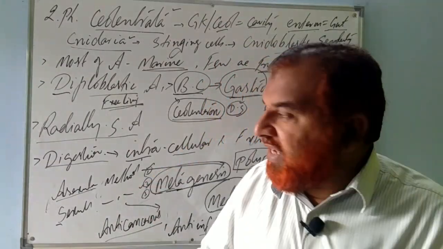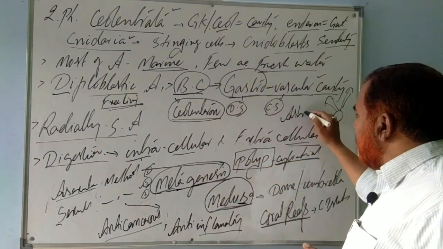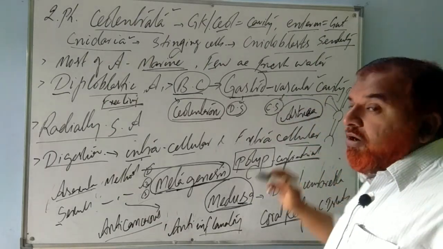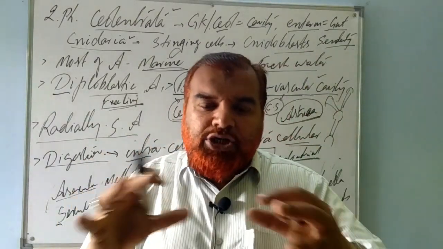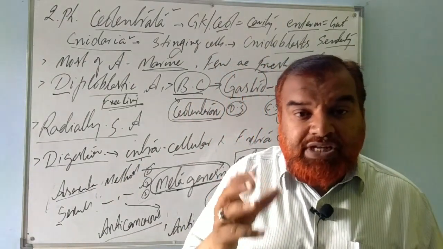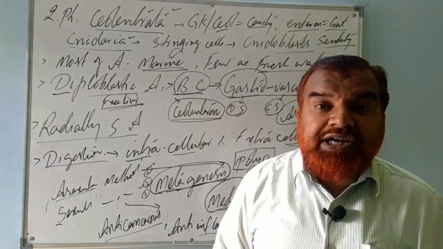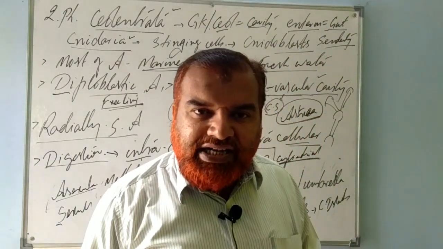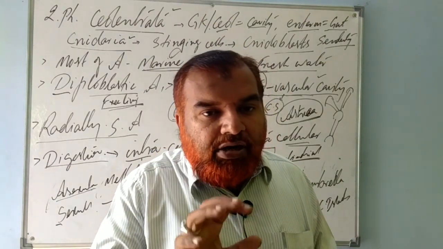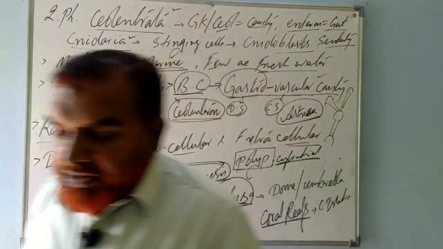Then Astrea, A-S-T-R-E-A. We have this in our college, we will show you Astrea. It is known as stony coral, stone-like hard. They are sedentary, clear. Then sea pen, Pennatula, a pen-like structure. Sea fan, Gorgonia, G-O-R-G-O-N-I-A, commonly known as sea fan. These are all examples of these cnidarians, right? Clear? Understand?